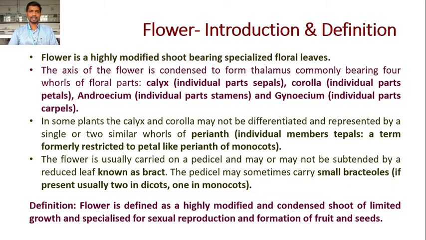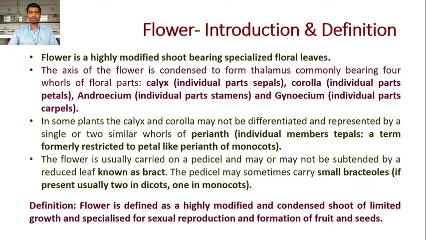The flower is a highly modified shoot bearing specialized floral leaves. The axis of the flower is condensed to form the thalamus, and it bears 4 floral parts, that is calyx, corolla, androecium and gynoecium. The individual members are sepals, petals, stamens and carpels. In some plants, calyx and corolla may not be differentiated and are represented by a perianth. The individual member is the tepal.